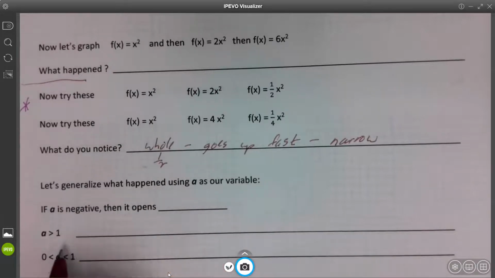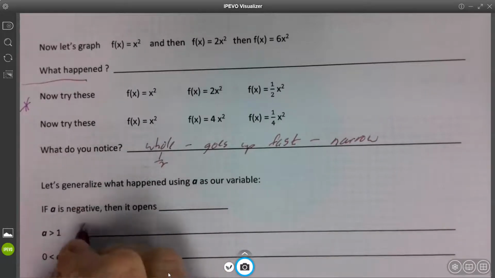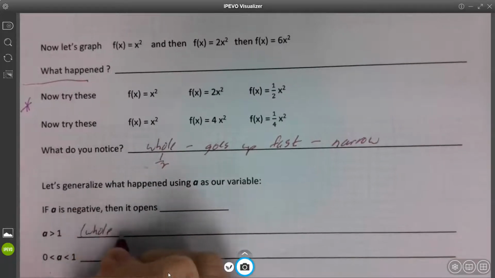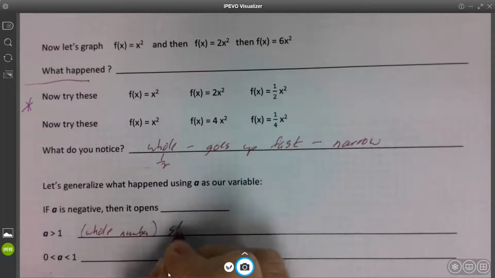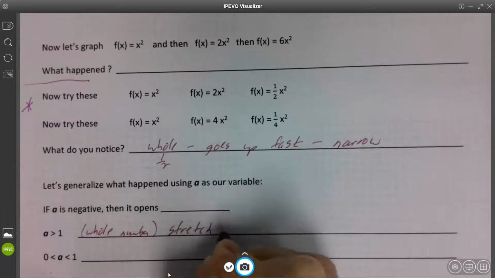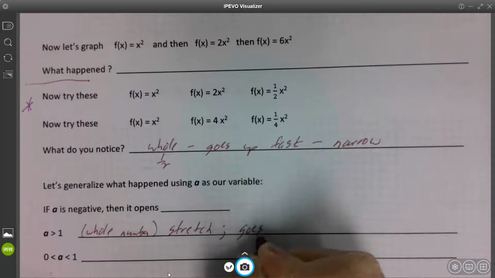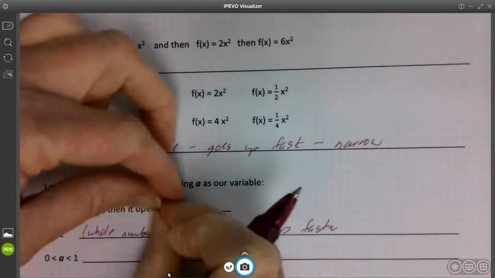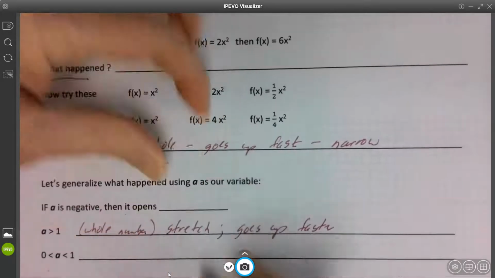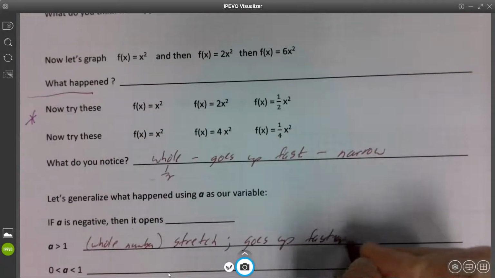Okay, hold on. If A is greater than 1, meaning that it's a whole number, this is what we call a stretch. It goes up faster. So it's going to stretch it to be skinnier. I'm just going to stretch it, so it will go up faster.